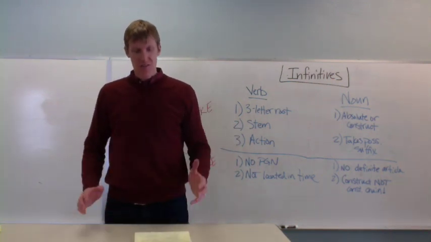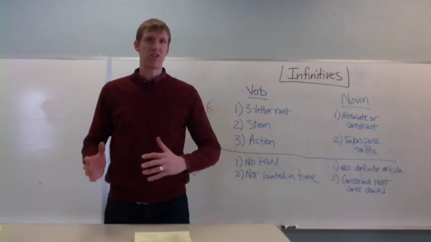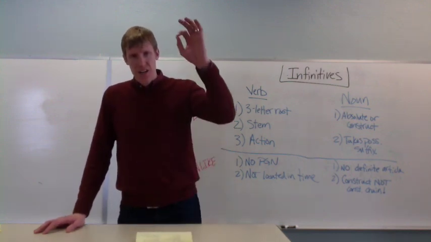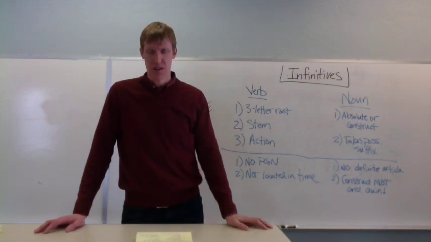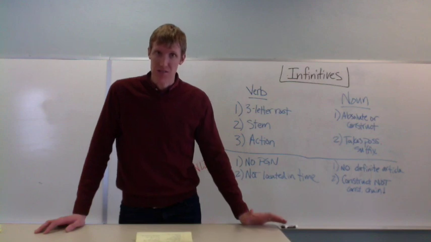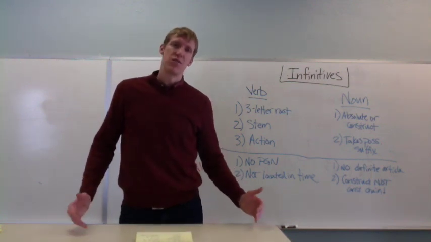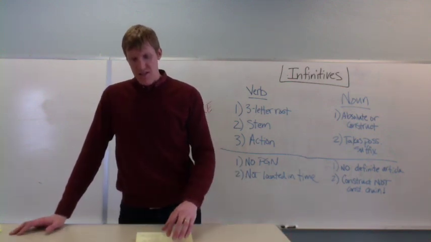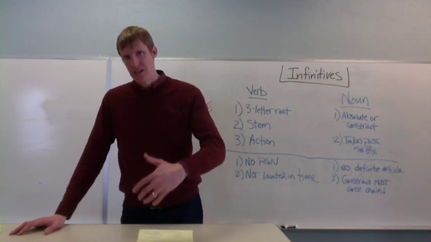But with infinitives, the relationship alluded to between the action and time is much more general. It's not defined in a specific kind of way. So therefore, infinitives are timeless. They are indefinite, or the relationship is undefined. It simply communicates the action, not the action in time.